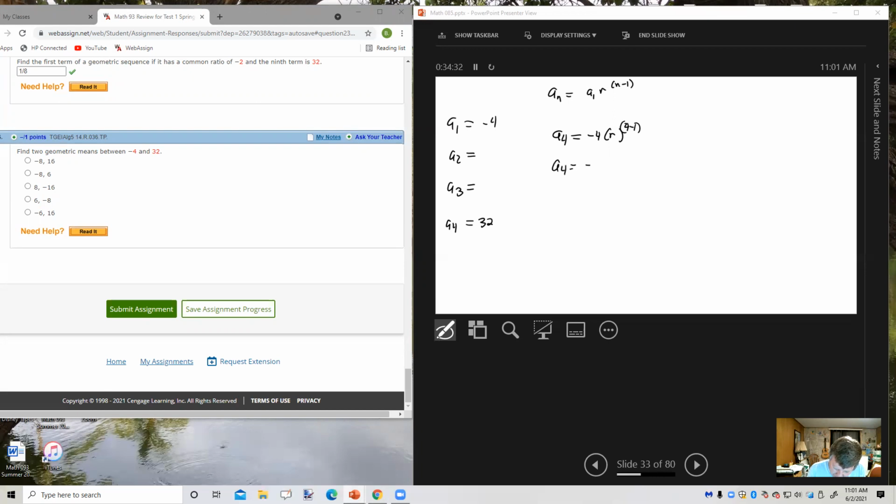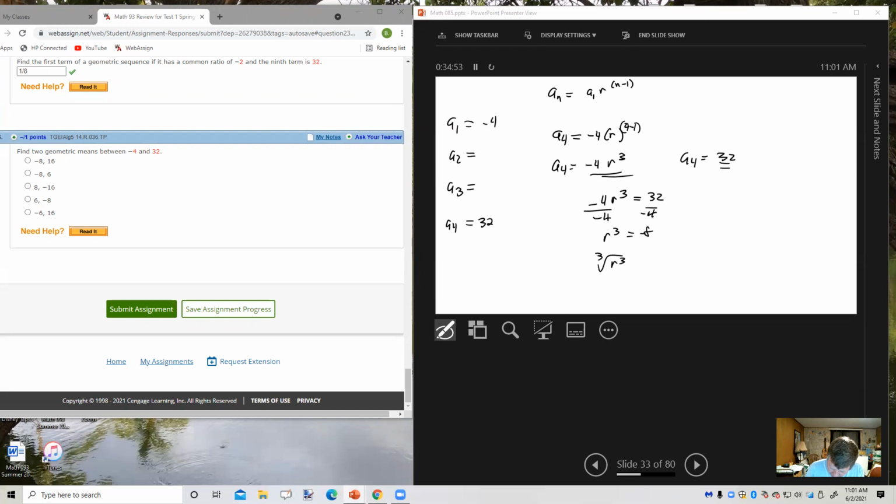A sub 4 equals negative 4R cubed. But A sub 4 also equals 32, which means negative 4R cubed equals 32. Divide both sides by negative 4. R cubed equals negative 8.